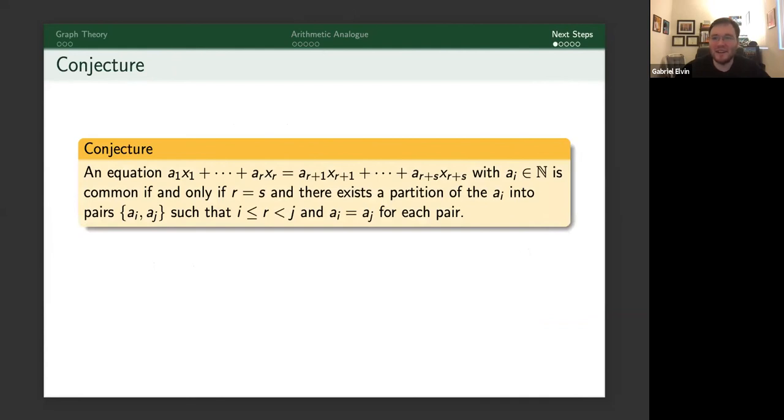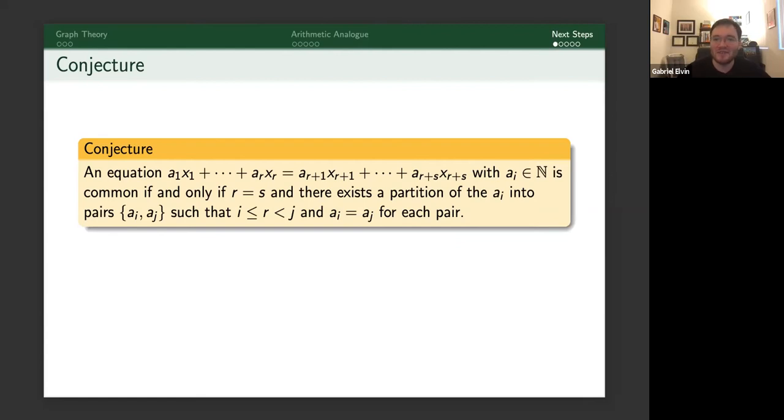And of course, why not conjecture about any equation in any form? So here's a general equation. We have r terms on the left, s terms on the right, coefficients in the natural numbers. And so we believe that any equation will be common if and only if there's the same number of terms on both sides, and you can partition them so that they sort of pair off into equal sets.